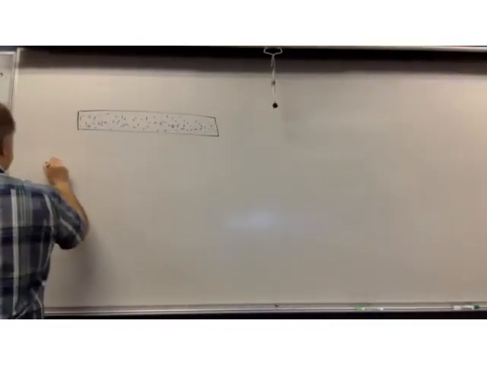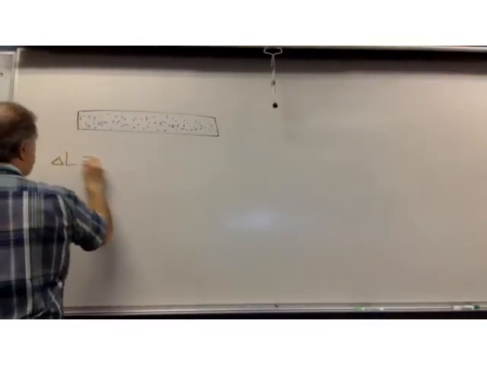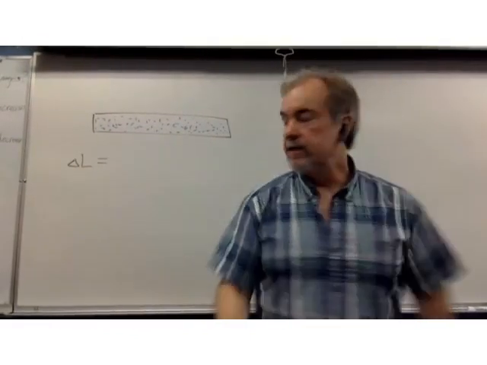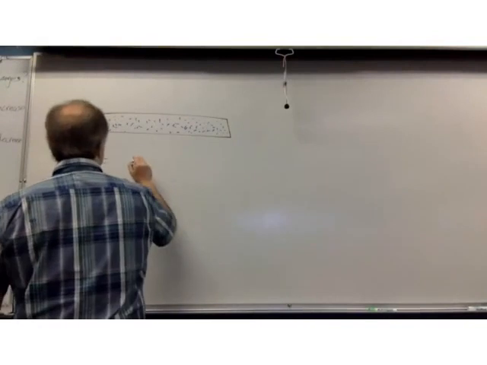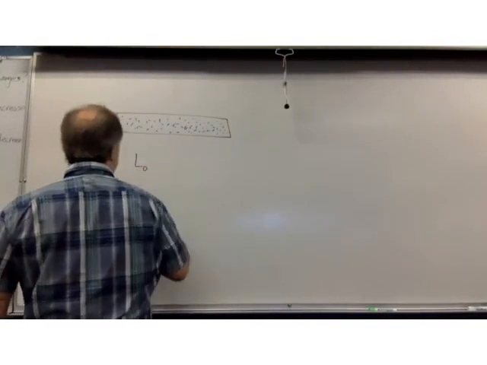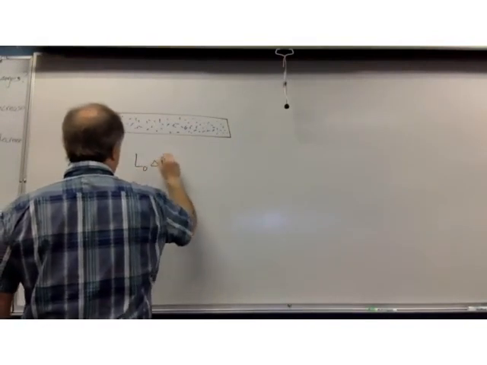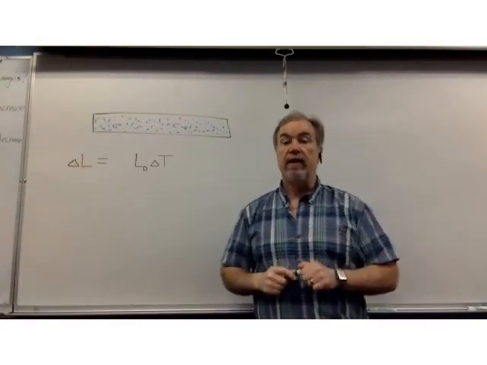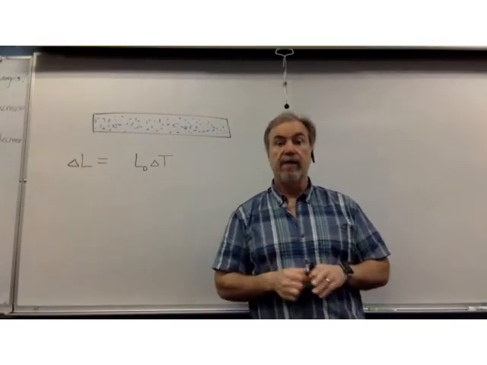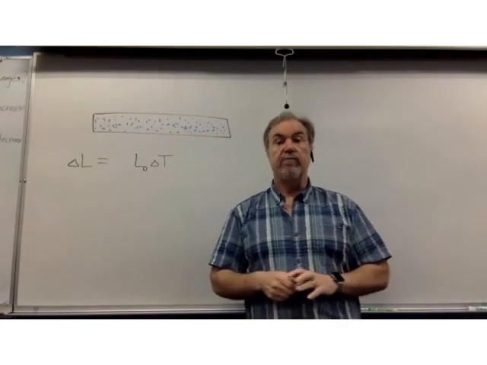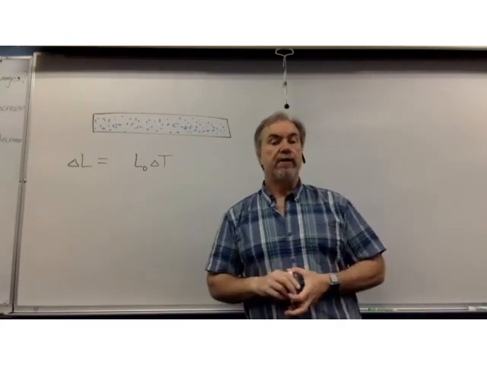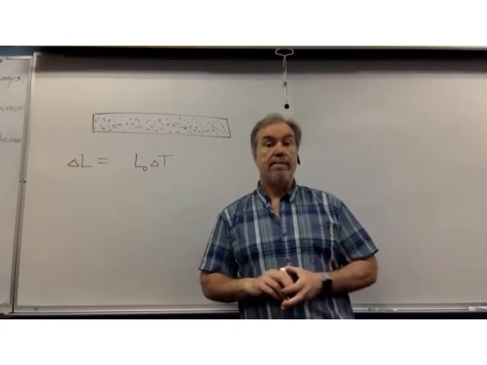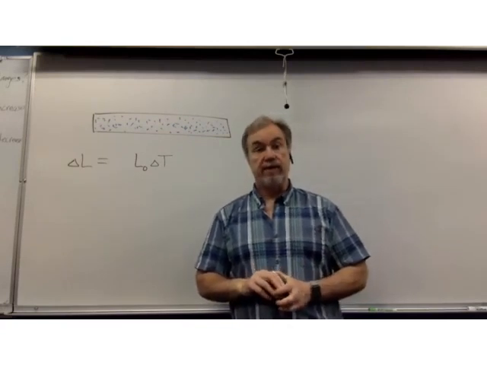And so the amount by which an object's length changes, where we're only considering one of the dimensions, is calculated by multiplying the original length by how much the temperature changed, and then we're going to multiply it by another empirical constant, and this empirical constant represents the particular properties of the material from which our object is constructed.